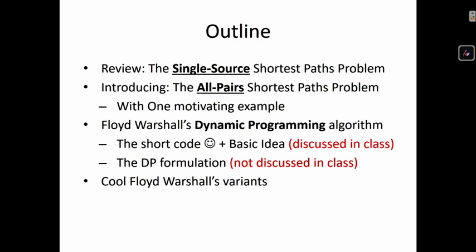I'll just show you the short code and the basic idea, but I will not discuss the DP formulation. It's actually a DP solution, but the formulation is quite deep, so I won't discuss it here. After that, I'll show you a few very cool Floyd-Warshall variants. You can use Floyd-Warshall to solve many different problems other than this all-pair shortest path problem.